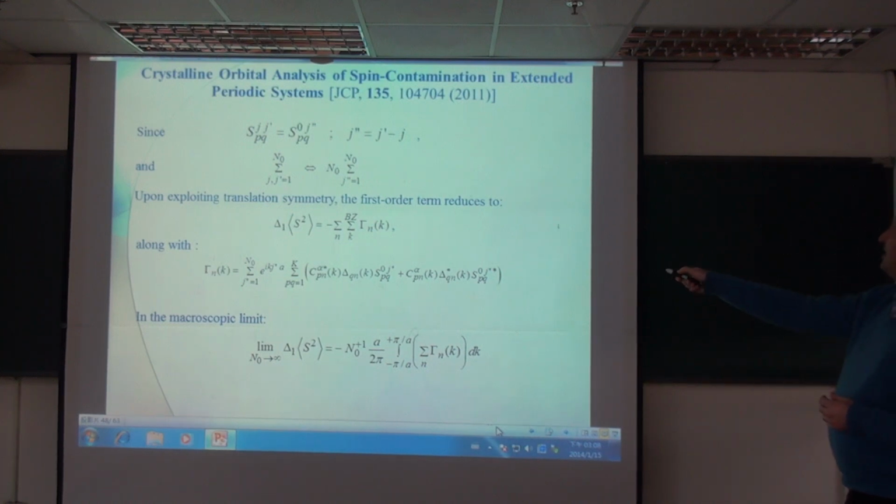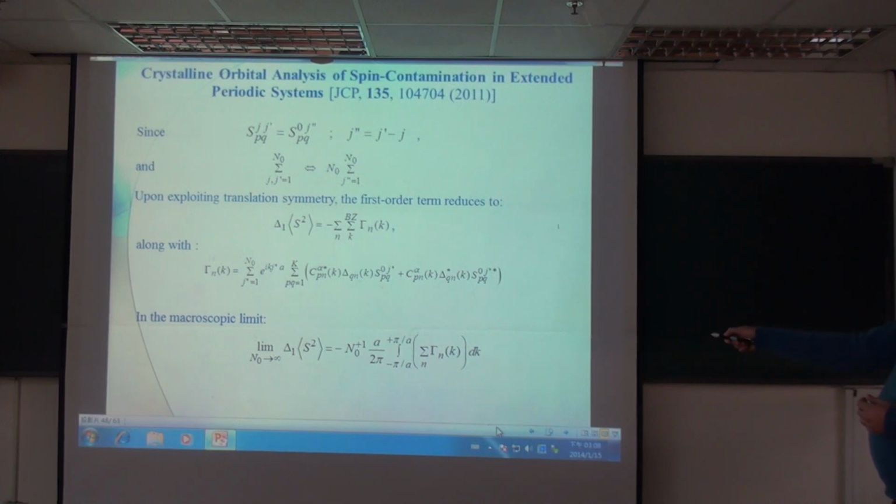Doing so, we can write that S PQ G G prime is equal to S PQ zero G second, with G second the difference between G prime and G. And then we can also turn this double summation over cell indices into N zero times a single summation over cell indices G second.